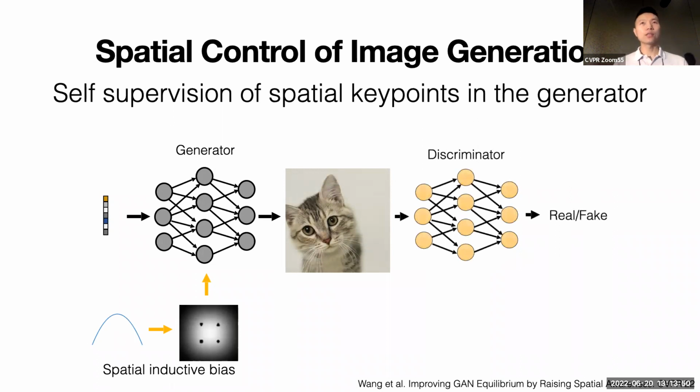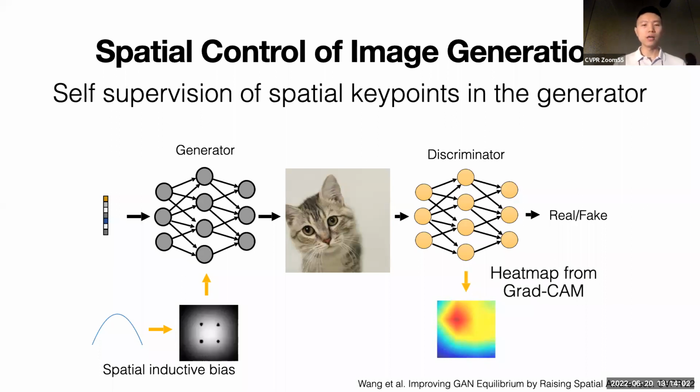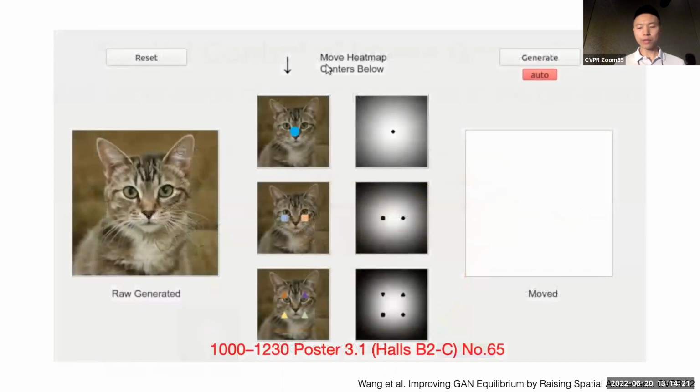Here we utilize the discriminator, because after training, the discriminator contains a lot of class-specific information. There is an attention map inside this discriminator, and we can use this emergent class attention map as supervision to train the spatial keypoints we have. So we create this self-supervision loop. Then we can train this spatial inductive bias. After training, we can have this kind of interface.